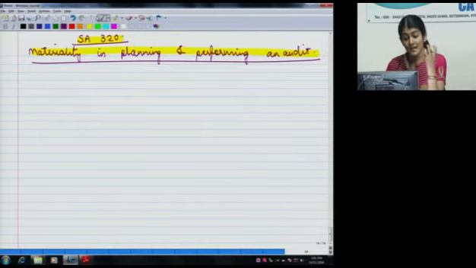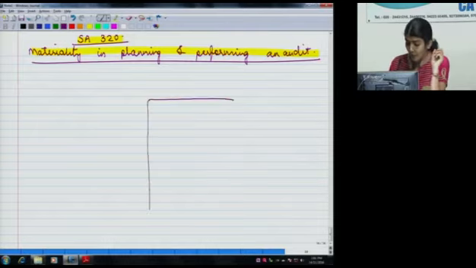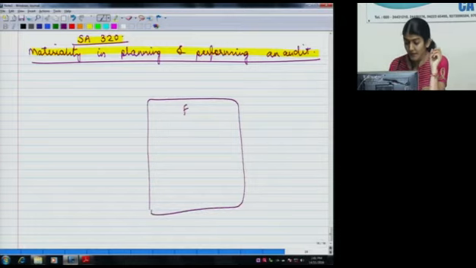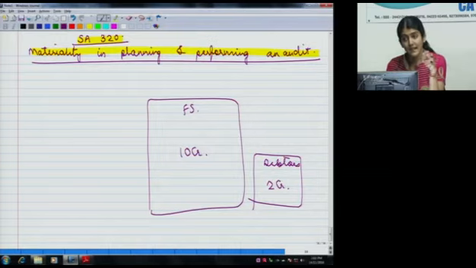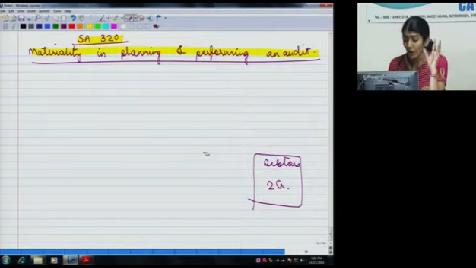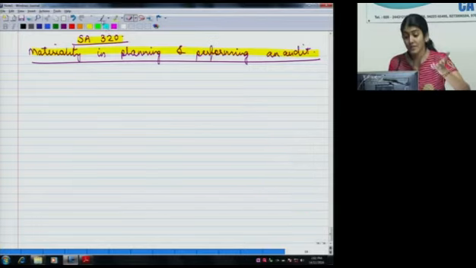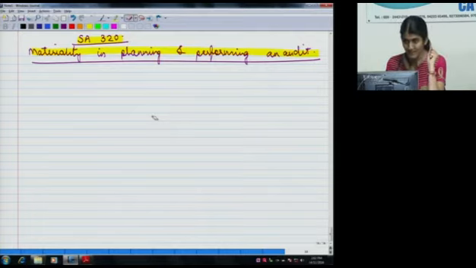Then after that, can it so happen in the audit? Auditor sets one level of materiality for the entire financial statements at 10 crore. But for debtors, he says materiality is 2 crore. Can he set such multiple levels of materiality? Yes, the auditor can set materiality for overall financial information as well as for individual account balances.